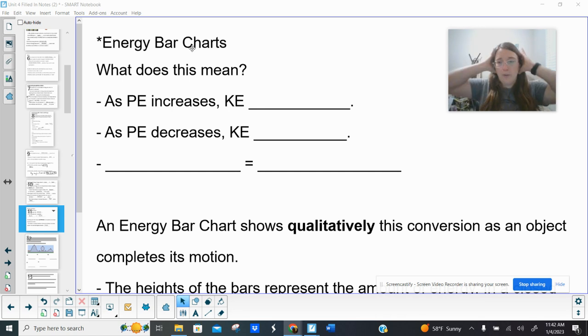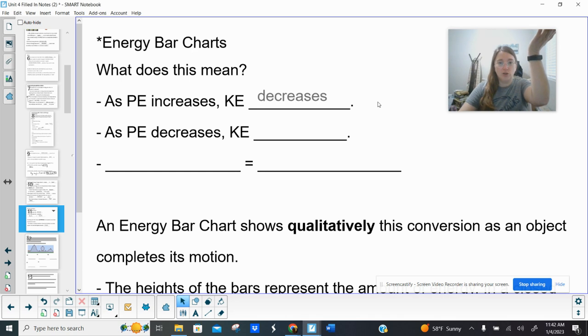So with energy bar charts, what this means is as my potential energy increases in a system, kinetic is going to decrease, because in order for it to be a closed system, if I'm increasing my potential, that increase has to come from somewhere, and it would come from a decrease in the kinetic.